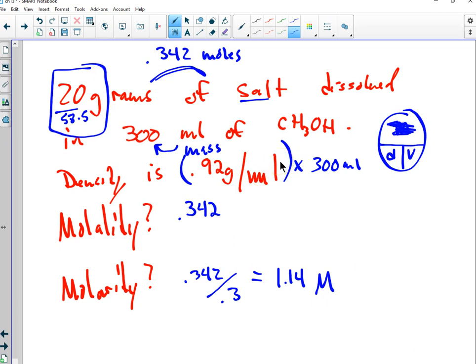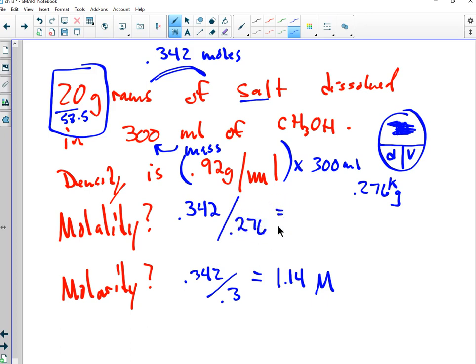You would just have to move the decimal. Okay, when you multiply this, what do you get? 276? That's 276 grams. But we need it in what? Kilograms. So that's 0.276 kilograms. You okay with that? And that goes down here.